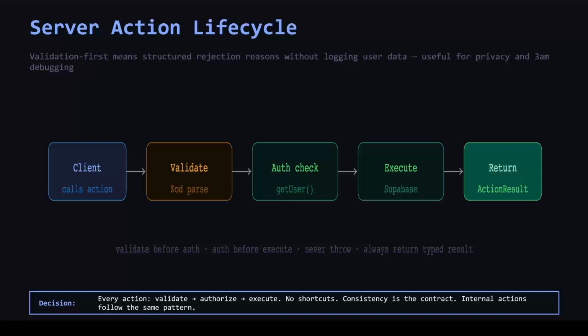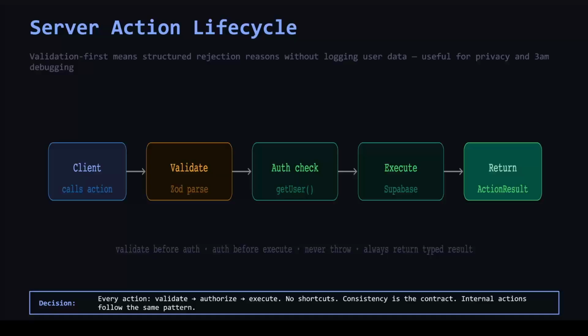Every server action on my platform follows the same 3-step life cycle. Validate, authorize, execute. The SVG shows this. A request arrives. Step 1, Zod validates the input. If validation fails, a structured error is immediately returned, before any authorization check, before any database call. The error includes a machine-readable code the client can render specifically.